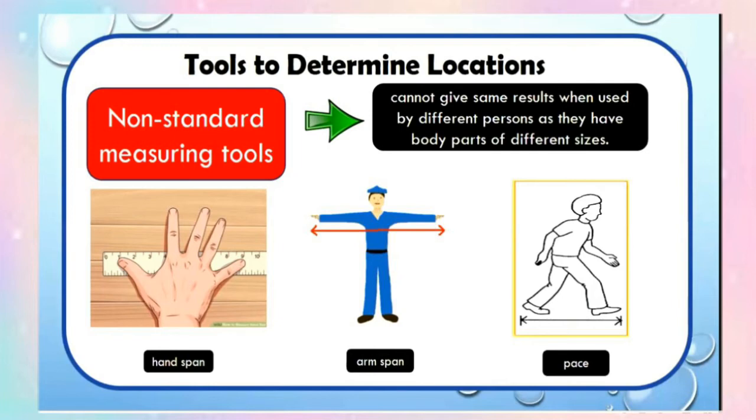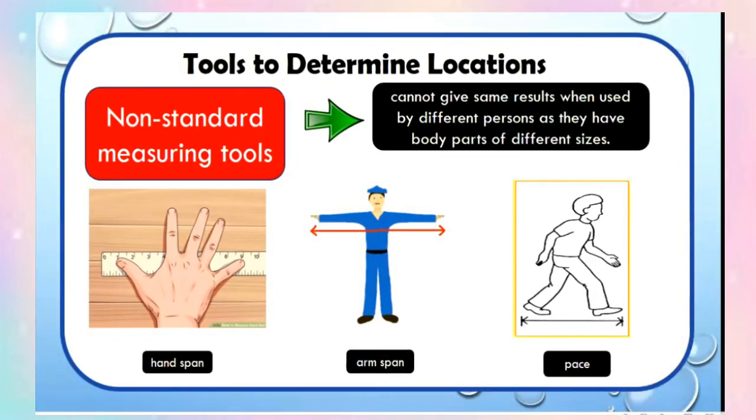For example, the handspan of Rio is different from the handspan of Hamza, or the handspan of Poon is different from the handspan of Chaim. So it's not accurate. When we use a non-standard measuring tool, we cannot have an accurate measurement.